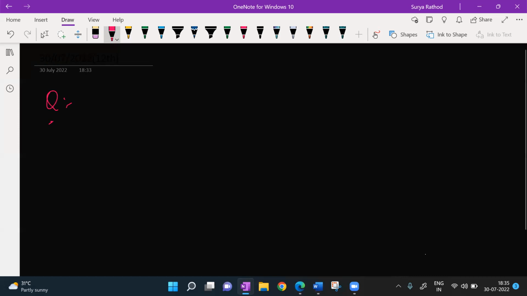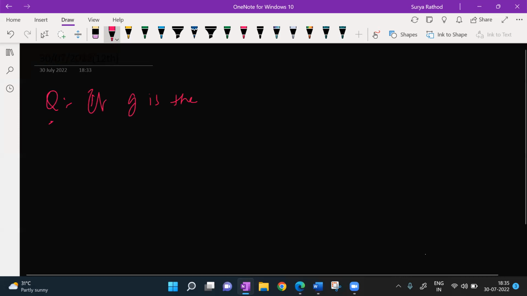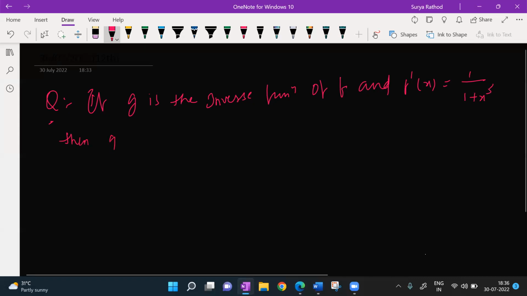So what have we discussed in the last class? What was the question? G is the inverse of the function. If G is the inverse function of f and f dash of x is equal to 1 by 1 plus x to the power of 5, then G dash of x is equal to what?